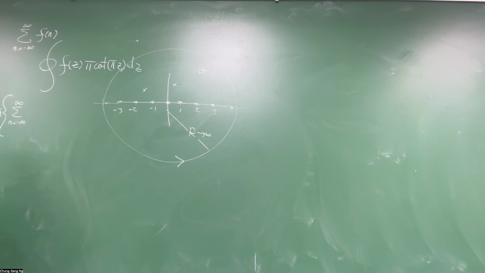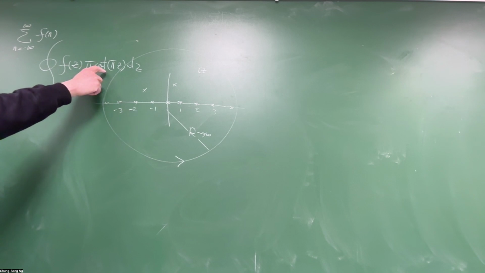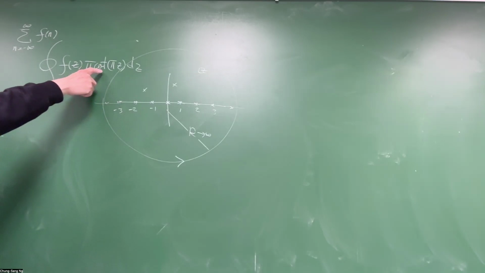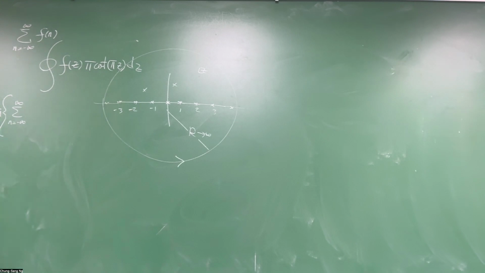If you have a ratio, as with cotangent, where the denominator has a zero, cotangent is cosine divided by sine, right? So the residue is the cosine at the location of the pole, divided by the derivative of sine at the pole. That's the homework question.